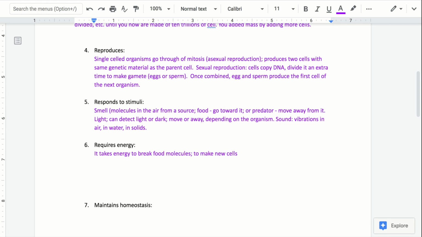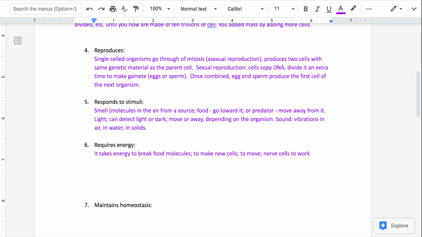It takes energy to move, takes energy for nerve cells to work, all those kinds of things. So organisms need energy for lots and lots of things.